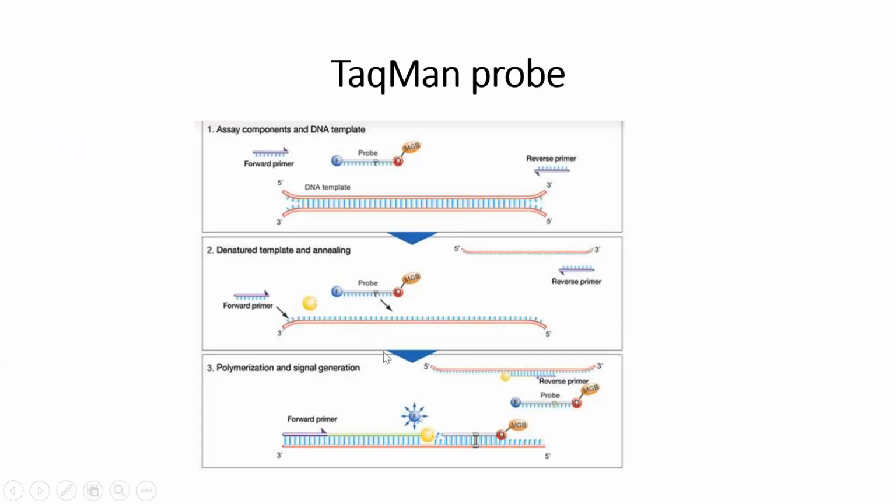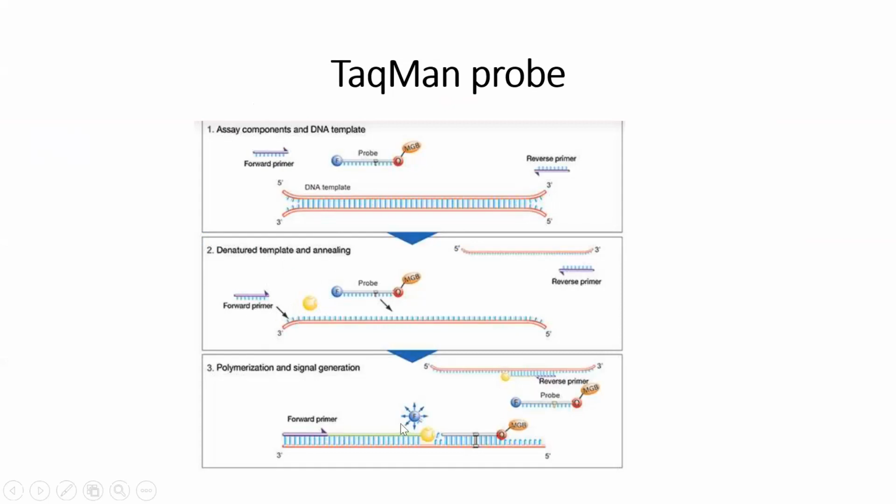But as you can see in the second step, after denaturation, so the steps of PCR, here we already have the cDNA template, right? Reverse transcriptase and then cDNA template. After denaturation and annealing of the forward primer, the forward primer will anneal and be extended, polymerized using Taq polymerase.